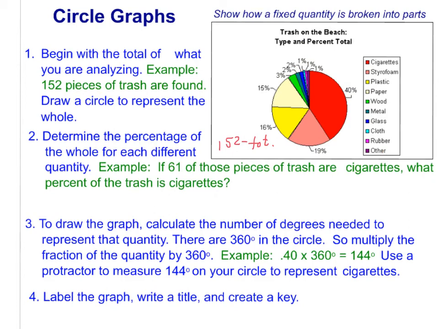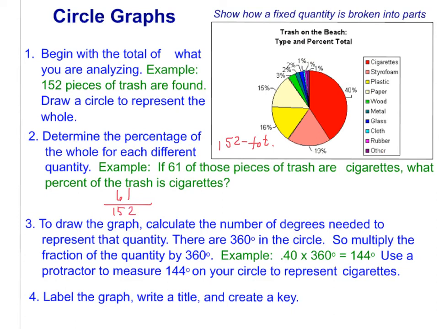The next thing we're going to do is determine the percentage of the whole for each different quantity. So let's say that we are told that 61 of those pieces of trash are cigarettes. What percentage of the trash is cigarettes? Well, 61 pieces are cigarettes. My total amount of pieces of trash is 152.